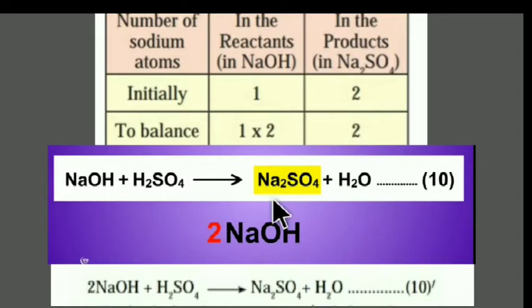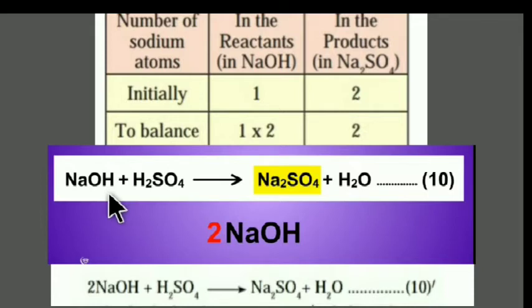It should be remembered that the formula of a compound cannot be changed while balancing the number of atoms. It means that here, to make the number of sodium atoms in the reactant 2, the formula of NaOH cannot be changed to Na2OH. What can we do?